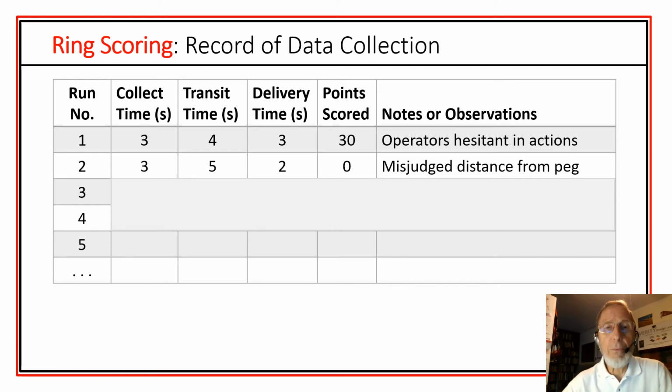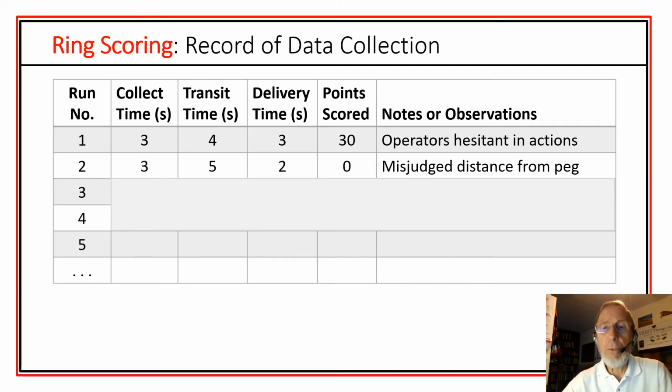Perhaps we have 3 seconds, 5 seconds, 2 seconds. And note that the transit time is a little bit larger here, but also note that we missed the peg and have 0 points scored. So a note here with regard to what caused that, what kind of a miss is useful.